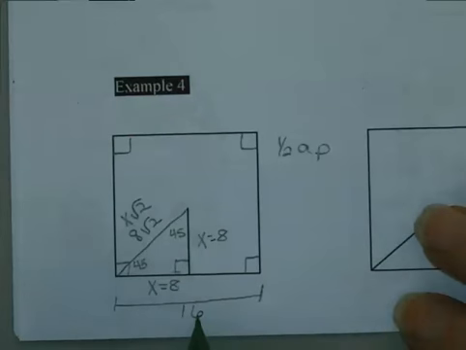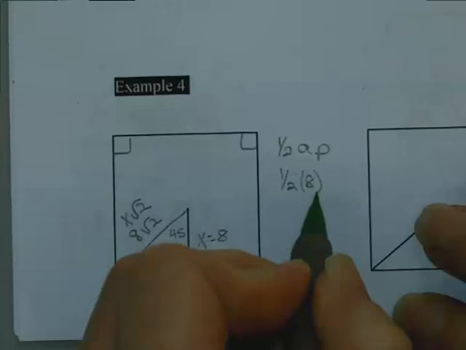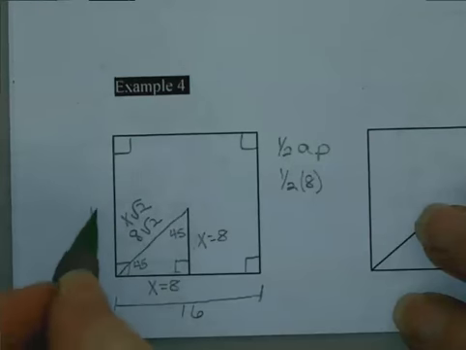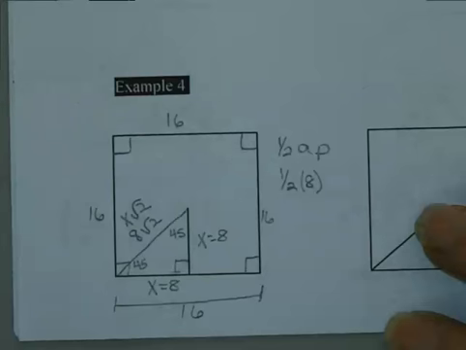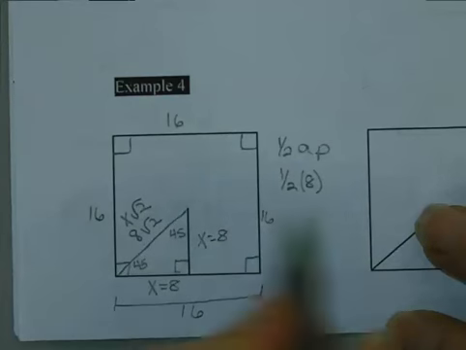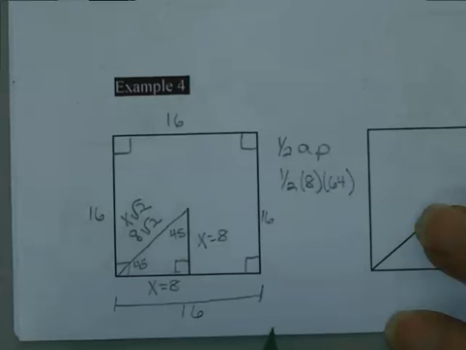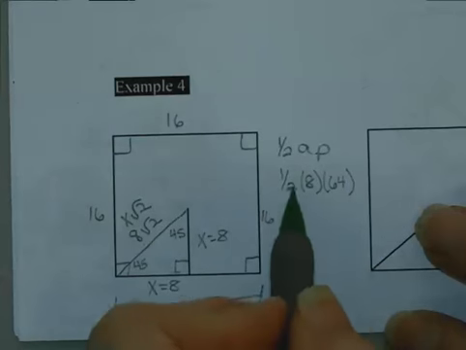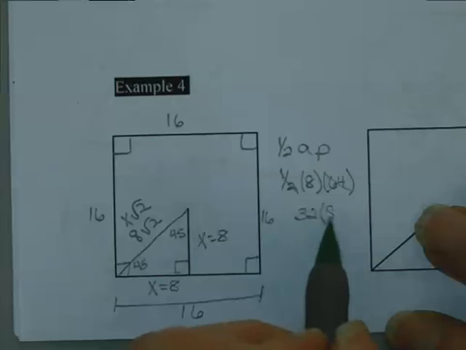So we have 1/2. Your apothem is 8. And 16 times 4. 16 times 4 would be 64. Why don't we take half of 64? That's 32. 32 times 8.